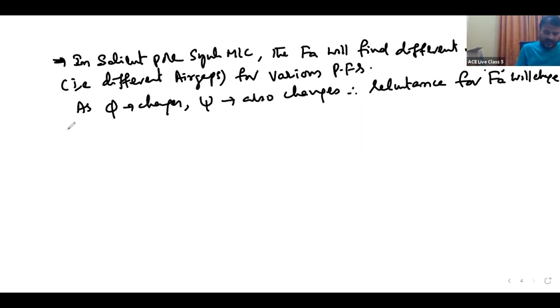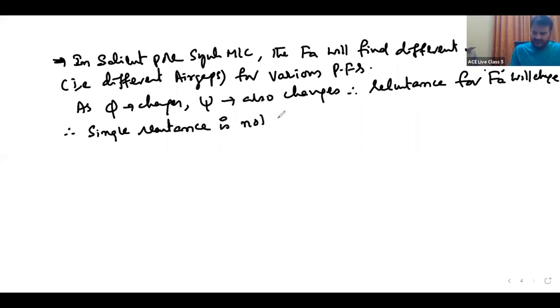Therefore, the armature reaction will be different. For the armature reaction, a single reactance is not sufficient. Since the reluctance for FA will change, a single reactance is not sufficient for modeling the armature reaction.